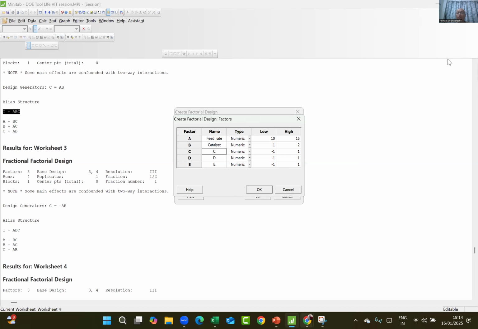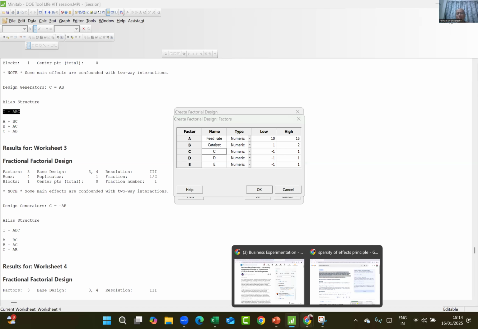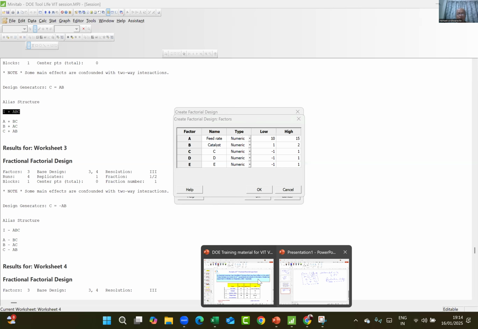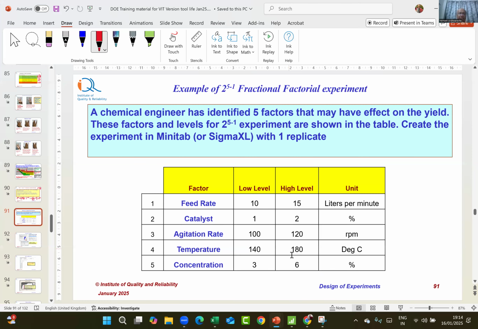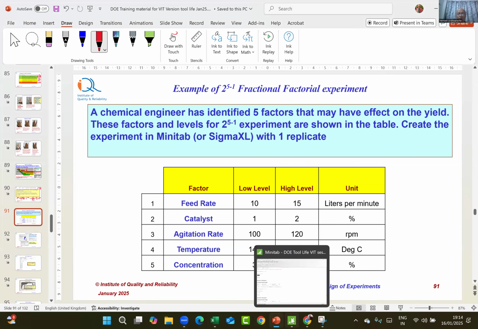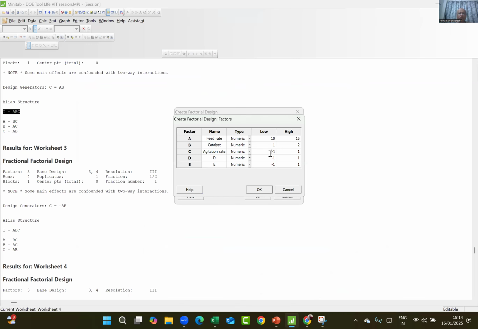Factor C is, I go back here, agitation rate 100, 120. I'll call it agitation rate. So this was 100 and 120 agitation rate, that's probably RPM.